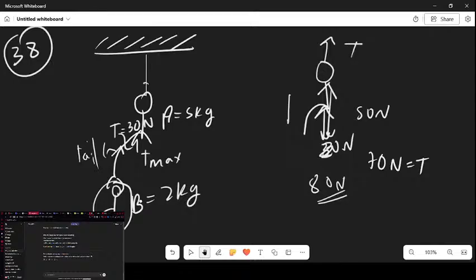For the tension T for the block, I'm solving in the book by the way. Block B, I mean monkey B, 30 Newton for the maximum scenario. Five Newton.